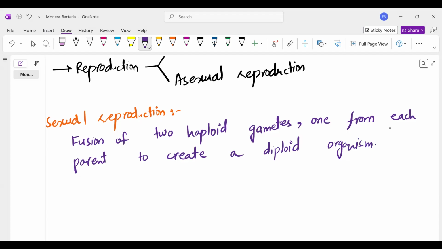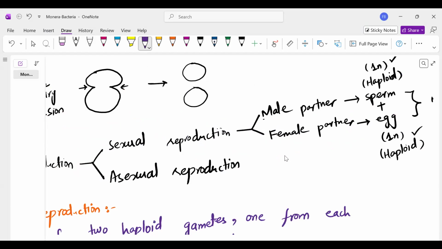Then, when we talk about asexual reproduction, there is asexual reproduction in multicellular organisms as well. In asexual reproduction, simply the gametes will not be involved. I can write over here the gametes so that you can remember it.